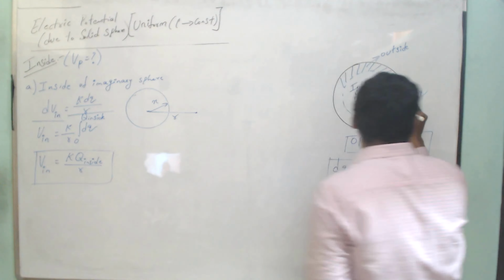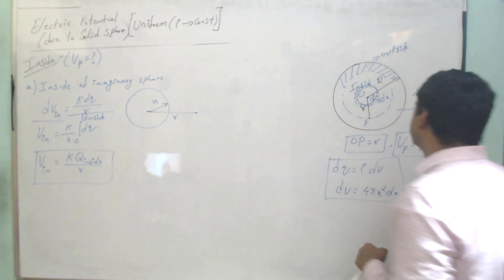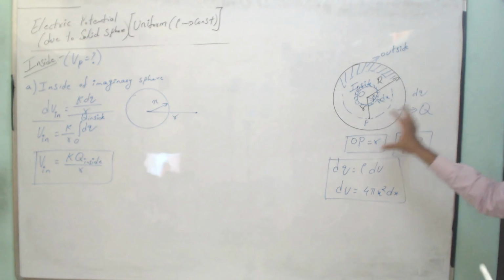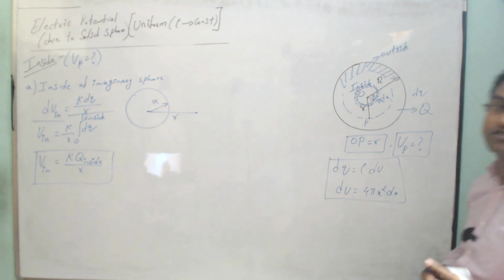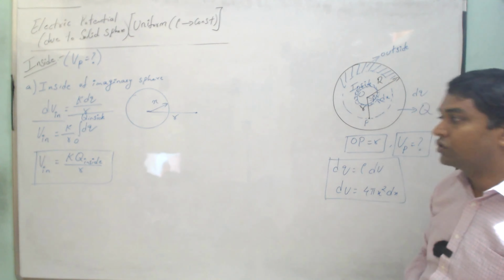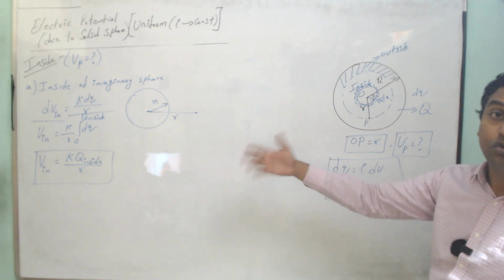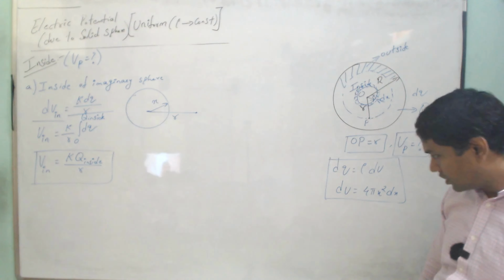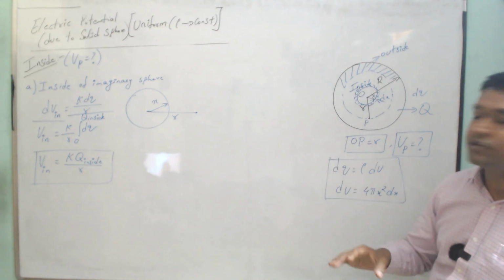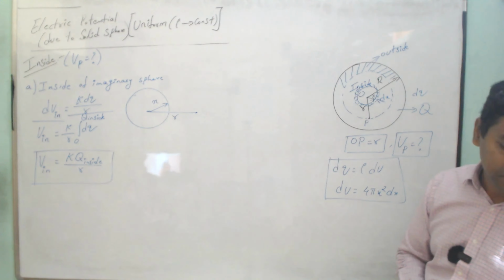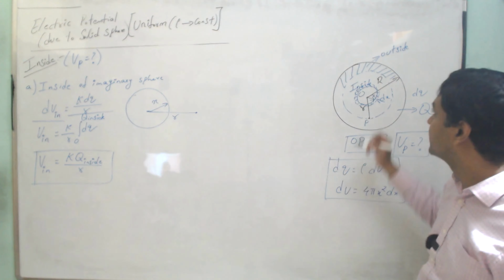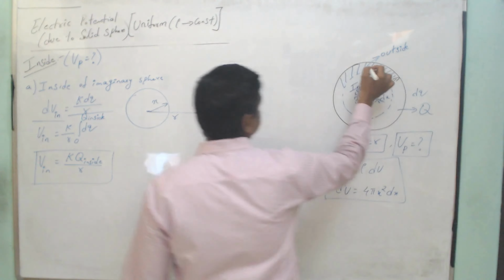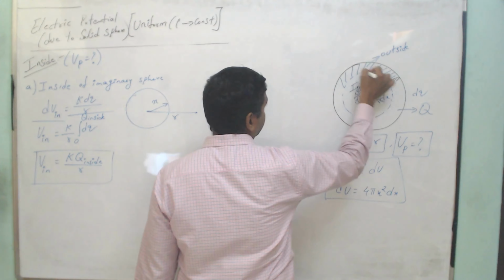If the total charge of the sphere is capital Q, the entire charge distributed in the solid sphere is capital Q. Now I got something new, Q inside. How do I get that Q inside? What is Q inside in my diagram? Q inside in my diagram is basically this highlighted area.